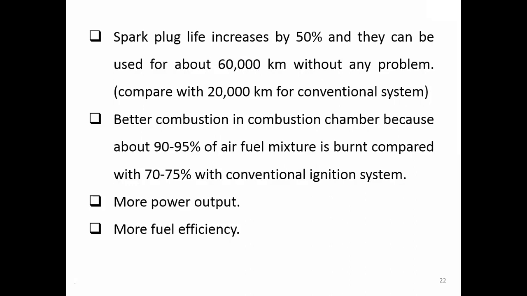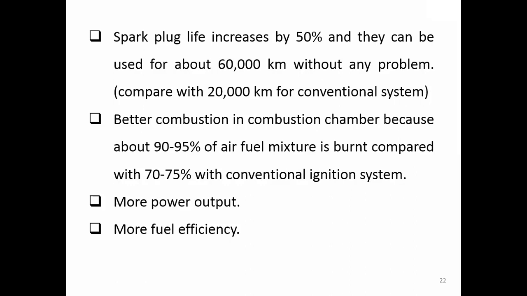Apart from this, it also gives you a better combustion in the combustion chambers, because now 90 to 95% of the air fuel mixture can be burned inside the combustion chamber, compared with the conventional ignition system, where just 70 to 75% of the air fuel mixture is burned.